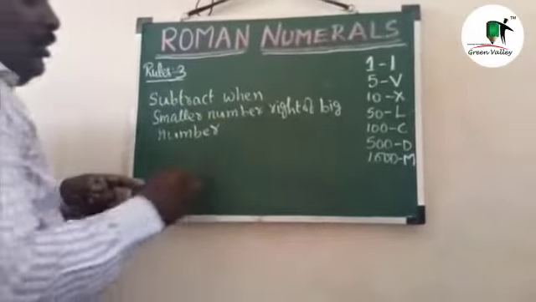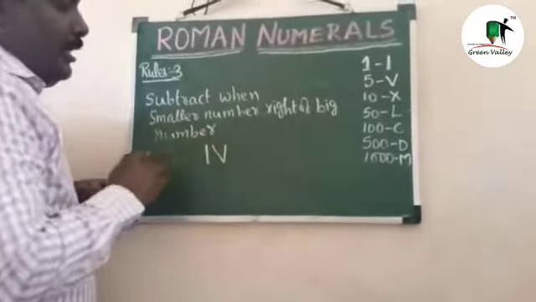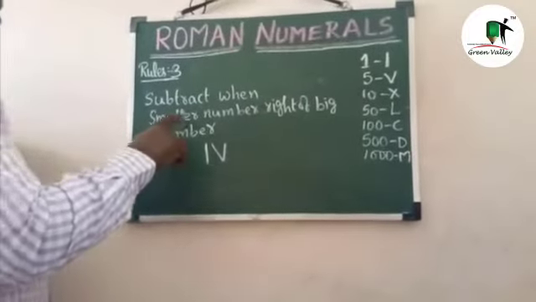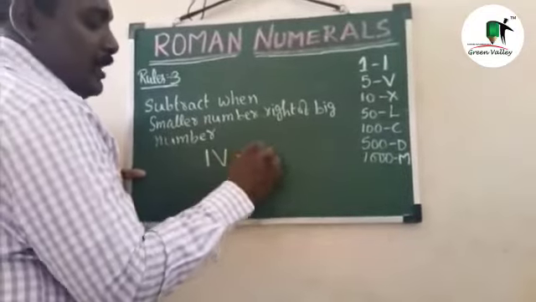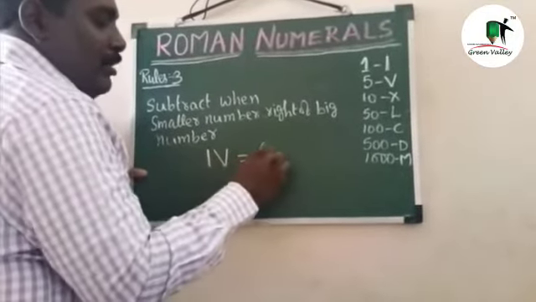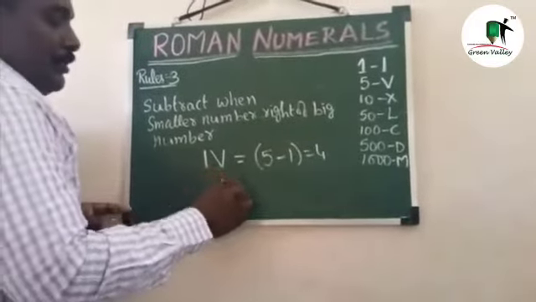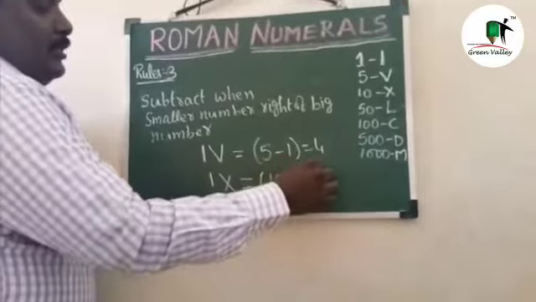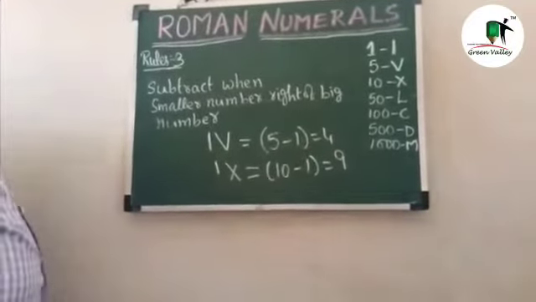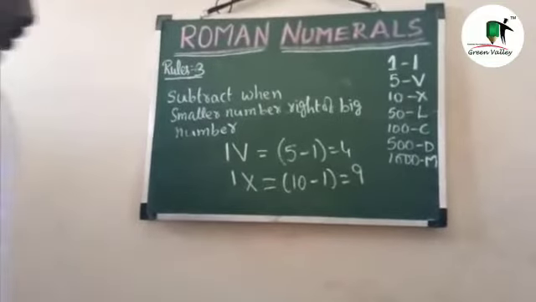See here, children, a big number is 5. If you write a smaller number, 1, to the left of the big number, then what do I have to do? Subtract. That means the value is 5 minus 1 equals 4. Let us see one more. 10 minus 1 is equal to 9.